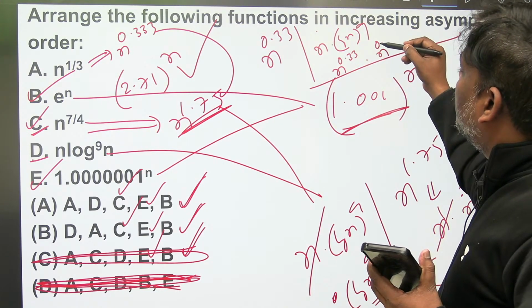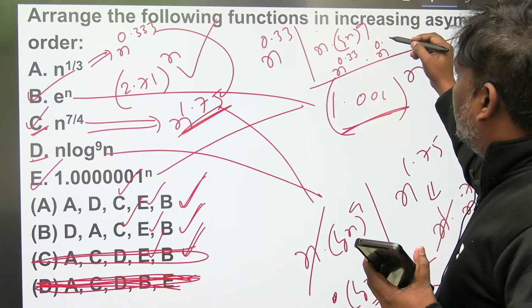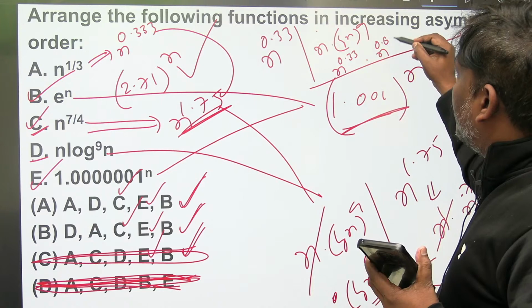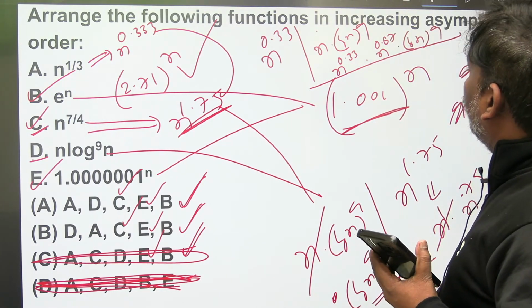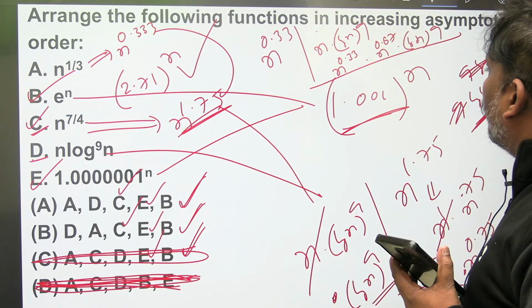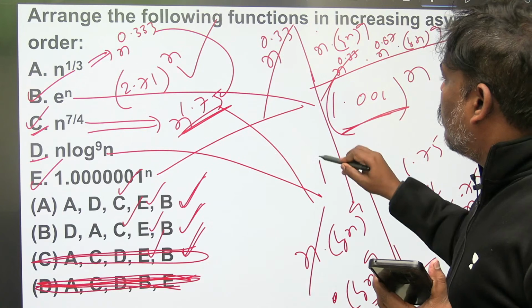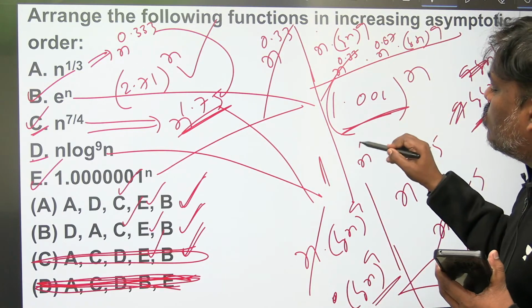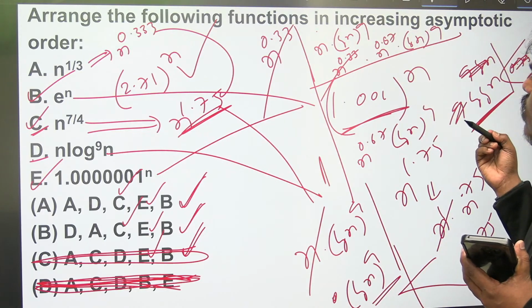Whatever is left out is 0.67 into log n whole power 9. This one cancels, so it becomes n power 0.67 into log n whole power 9.